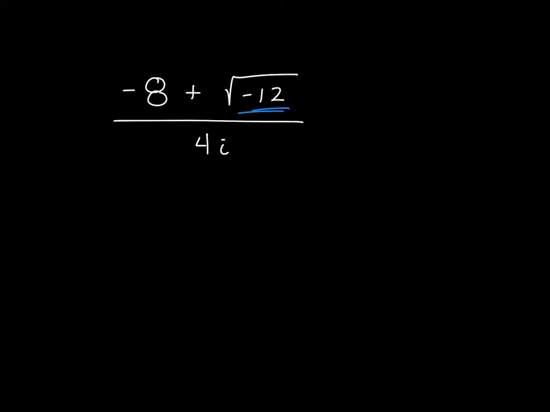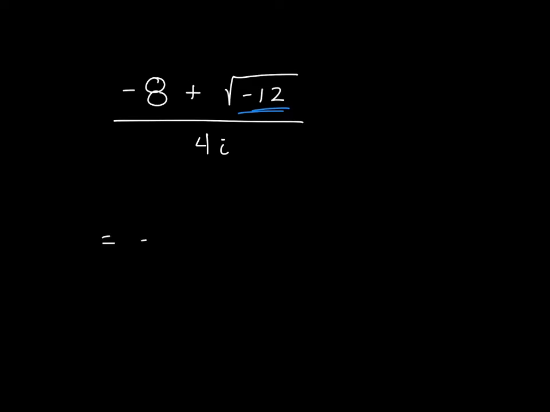Okay, let's also go back to how we're going to see this if we're using the quadratic equation, and we end up getting something that looks like this. Let's say you have a problem that looks like -8 plus the square root of -12 over 4i. Again, the first thing you always need to do is turn anything that's in the radical back into imaginary numbers.